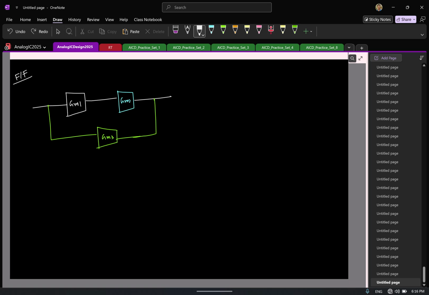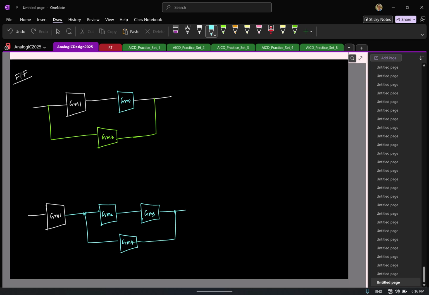This, let us say, is GM1, and I'll have GM2, which I'm replacing with another feed-forward structure. So I have replaced this here. Now, of course, I should have this feed-forward path also, so that will come here.